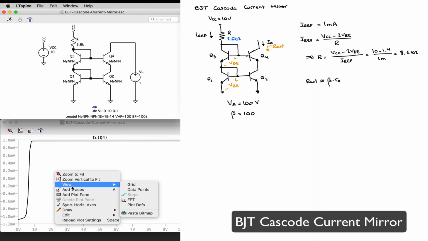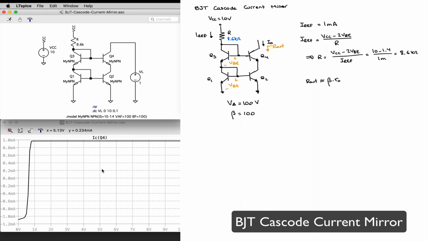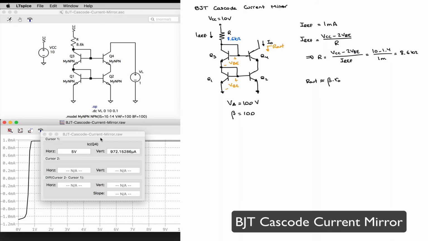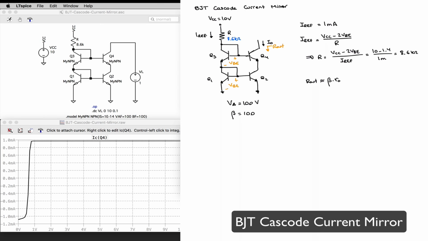And then I'm going to add my grid and my cursors so that I can measure my output resistance. Cursor at 1 volt. And my second cursor. Picking up the first cursor for some reason. So I'm just going to move it out of the way.